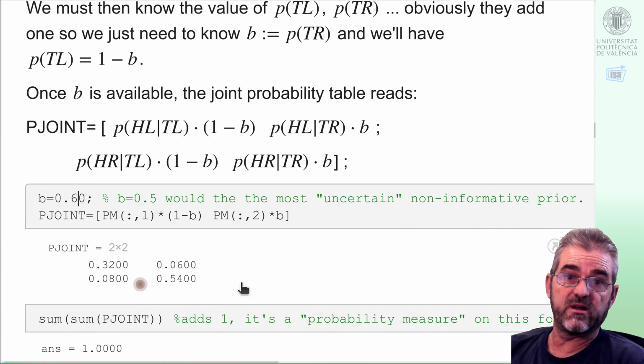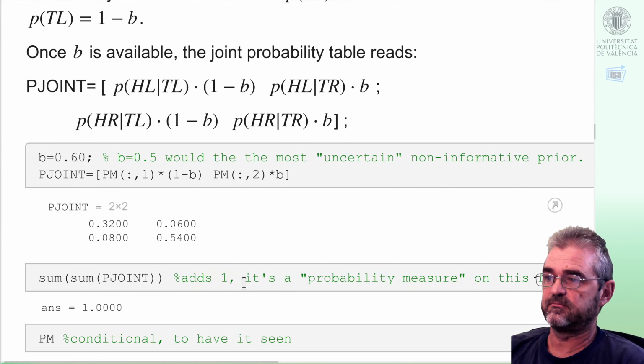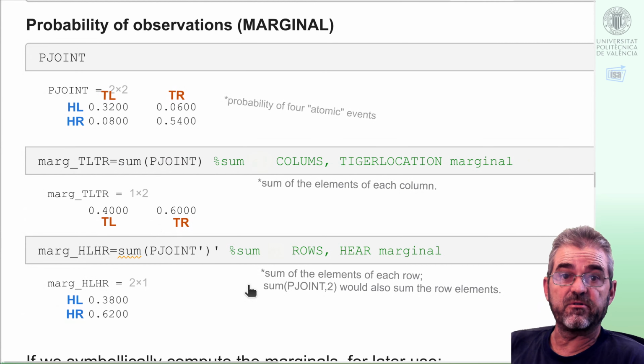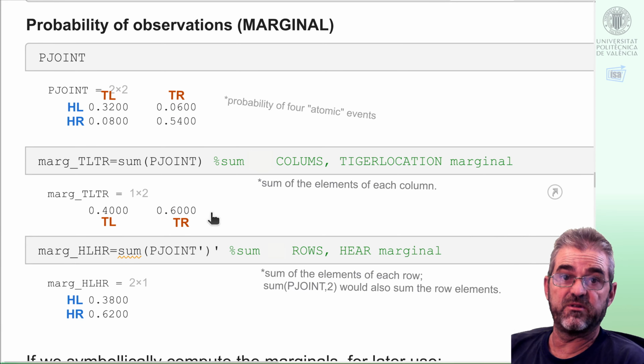The elements add to 1 in joint probability tables, whereas in the previous conditional table, it was the sum of the columns which added to 1. If we added the rows or columns of the joint table, then we had the so-called marginal probability distribution. If I add the columns, I get 0.4, 0.6, which is in accordance with B equal 0.6, which I used to generate this table, of course.